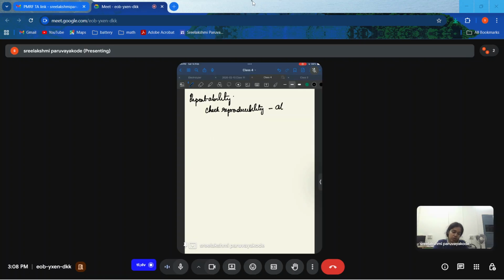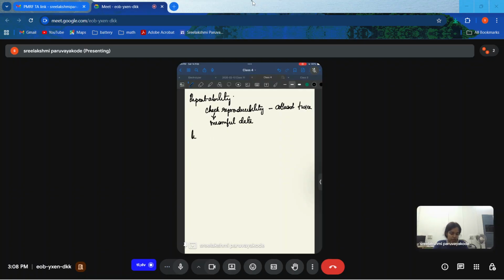Both times the data should look reproducible, meaning it should almost match. We should get meaningful data, and if you do it more times, it's well and good.